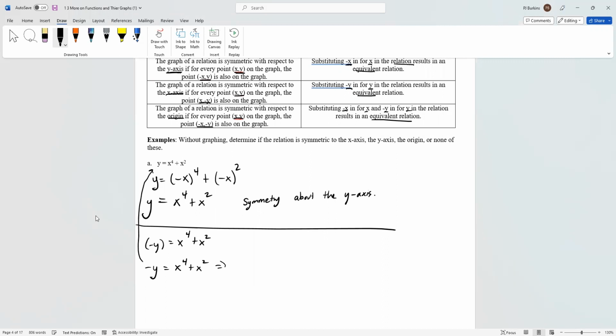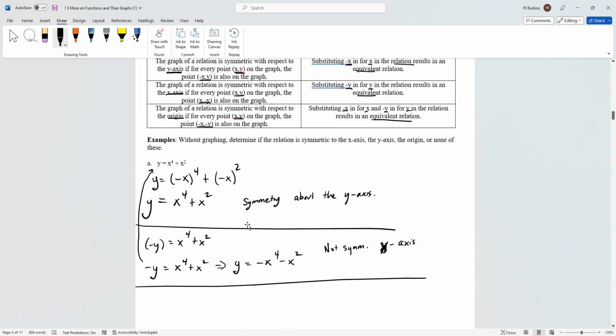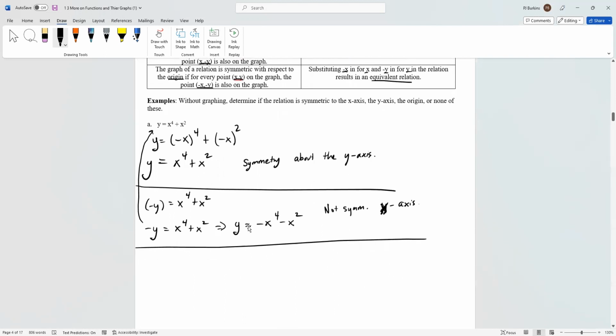Or if you'd rather, you could move the negative to the other side of the equation, and it would be this. Either way, that is not the same. So this is not symmetric about the x-axis.